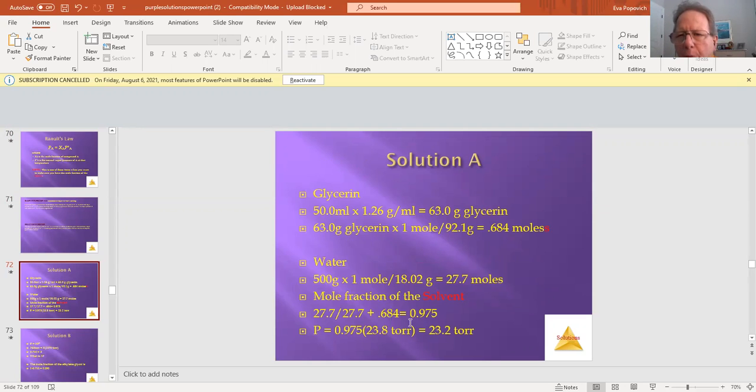This gave us 0.975, a mole fraction. Then Raoult's law says the new pressure is going to be the mole fraction of the solvent times the original pressure of water, which is 23.8. I do that math out, and my new pressure is going to be 23.2 torr. 23.2? Okay, yep.